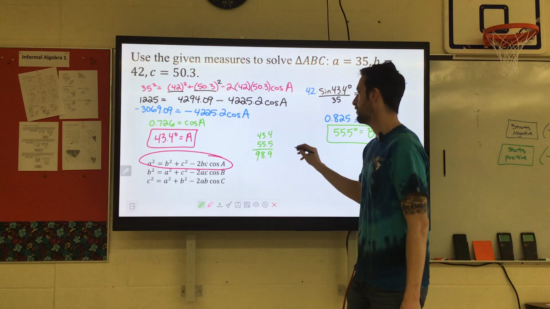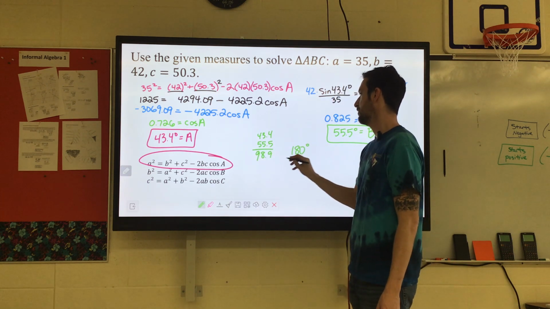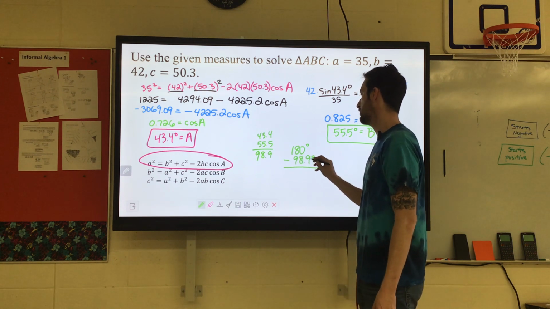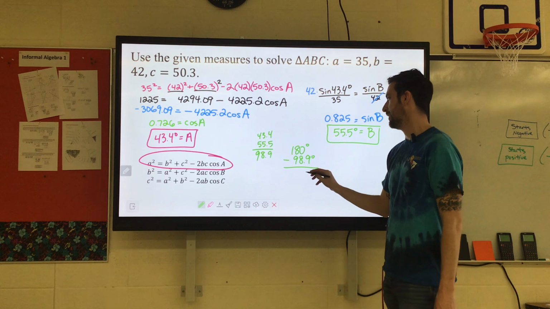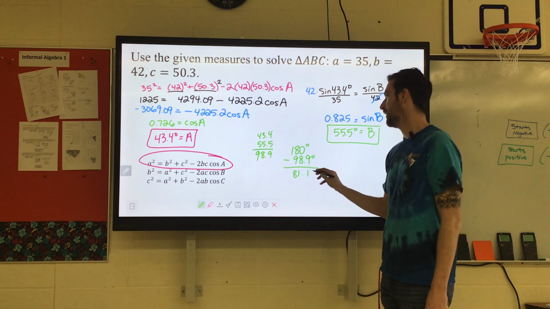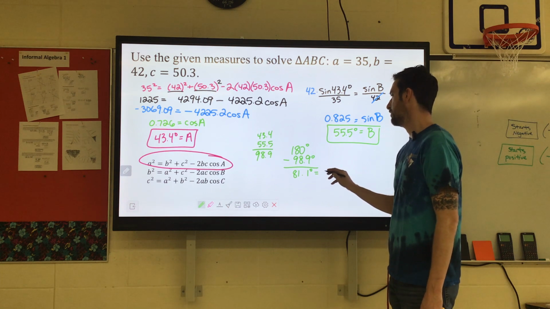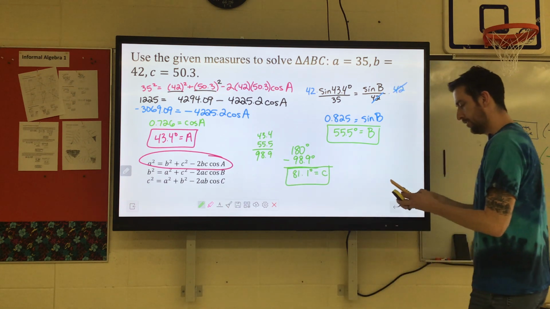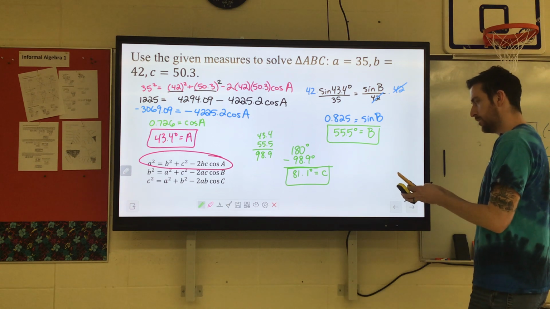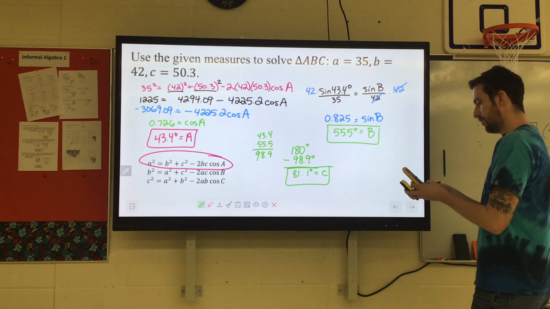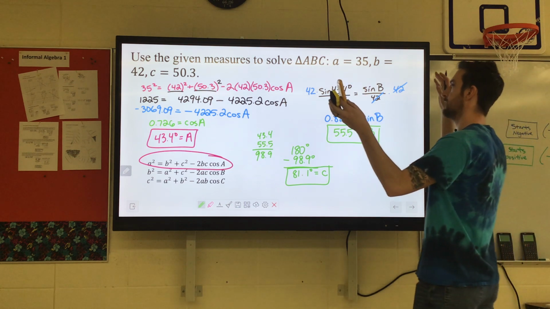So now we just have to do 180 degrees minus 98.9 degrees, which, let's see, 99, 100. So it should be 81.1 degrees for angle C. Let's see, double check. Let's add them up. 81.1 plus 43.4 plus 55.5, 180. Delightful.